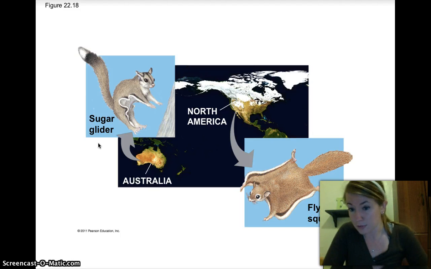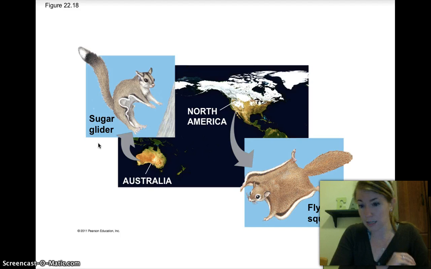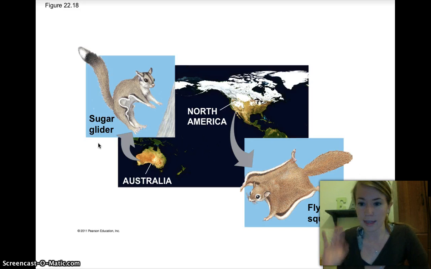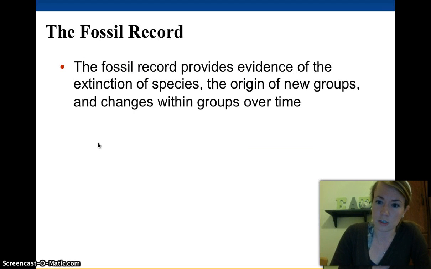So wings and flight evolved more than one time. It's not like all living things that fly evolved the characteristic of flight and then diversified. It evolved several different times. So those are examples of convergent evolution or analogous structures.